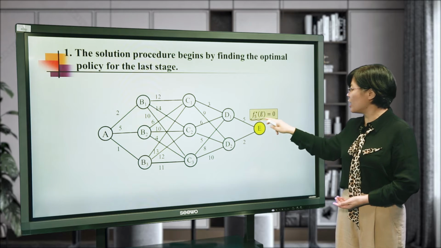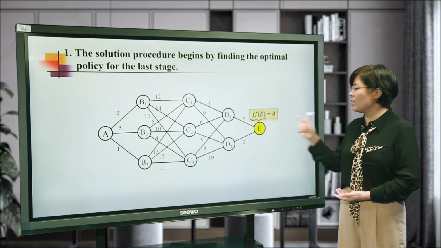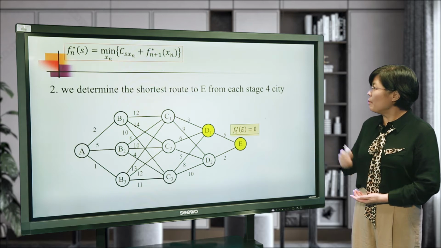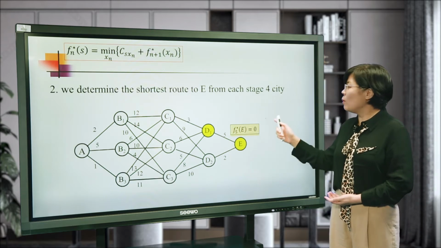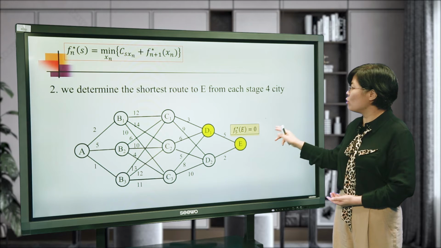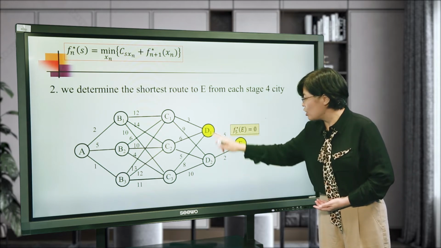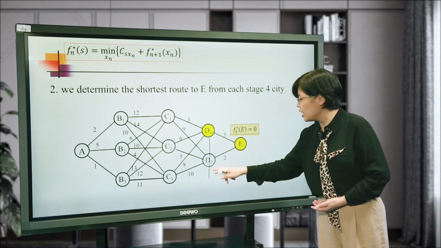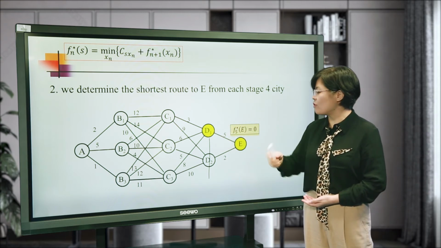We use this notation: f5 star is 0. Then going backward, we determine the shortest route to E from each of the states in stage 4. There are 2 states in stage 4.